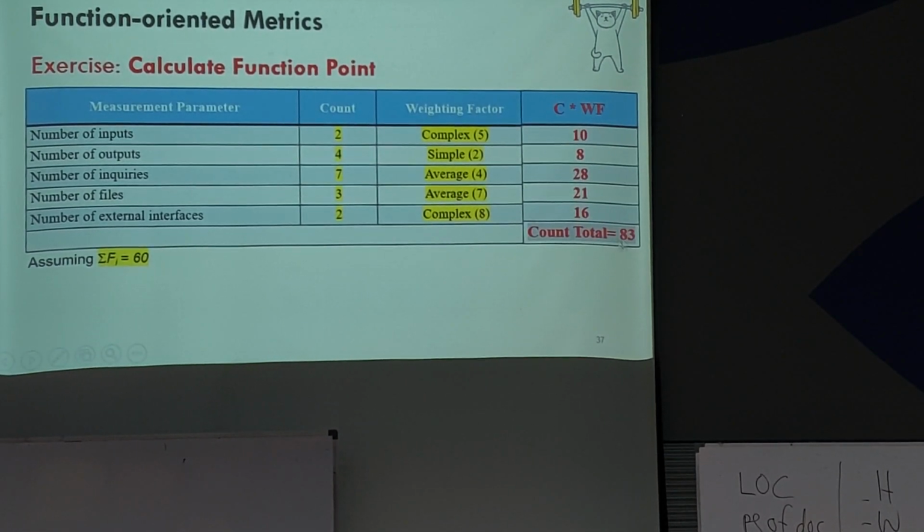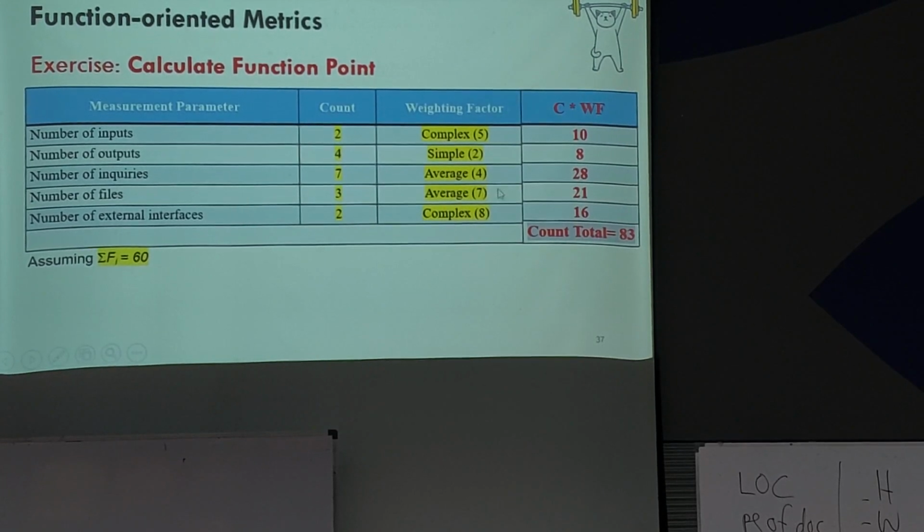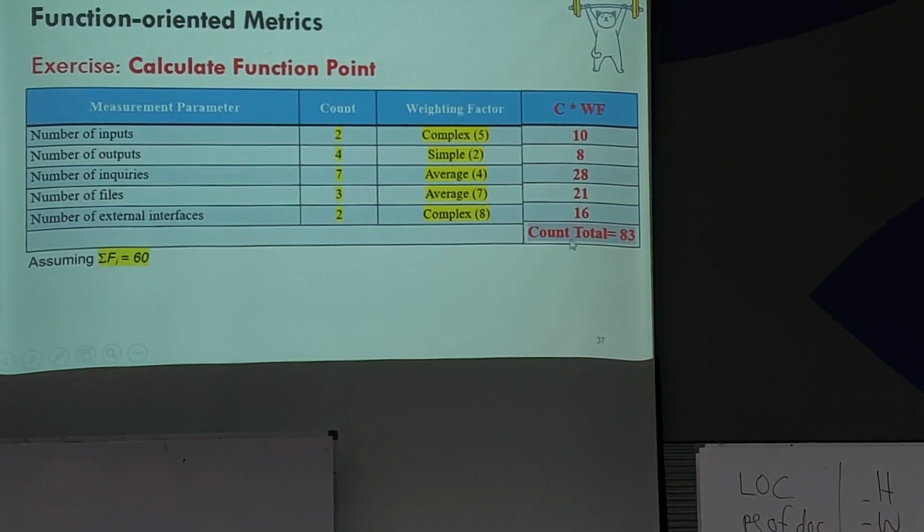So this is what you need to determine. The count is multiplied by the weighting factors 2, 5, 10, 4, 2, 8. Then you sum up this column, and there is the count total.